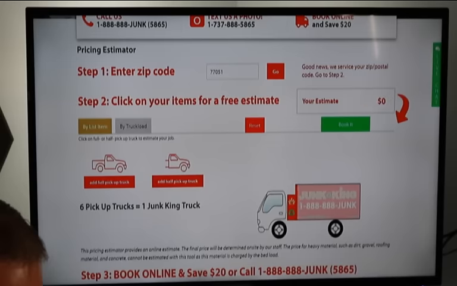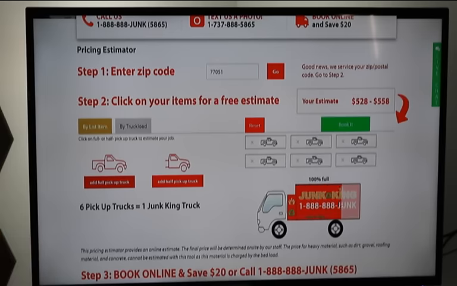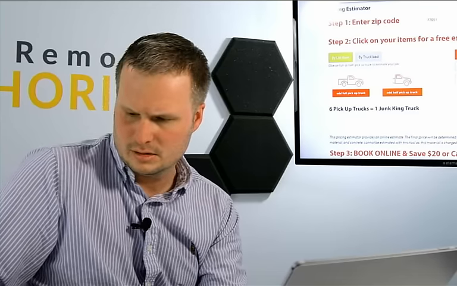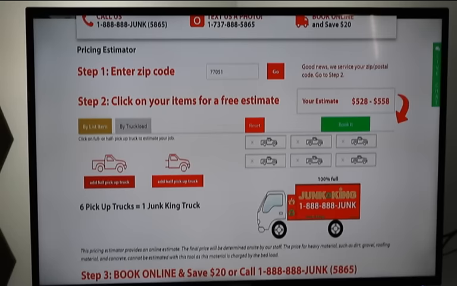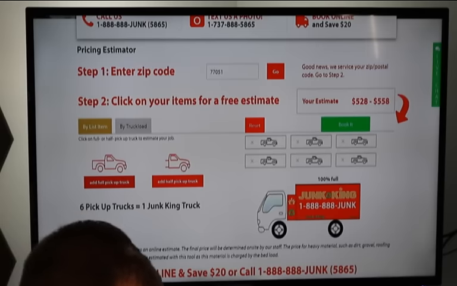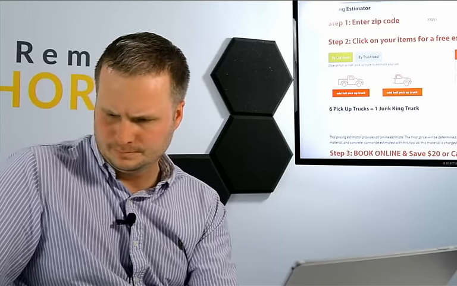We're going to reset that. Then we're going to add in 6 pickup truck loads. Their full load rate, Kendall, is 558. Divide that by 18. $31 per cubic yard.